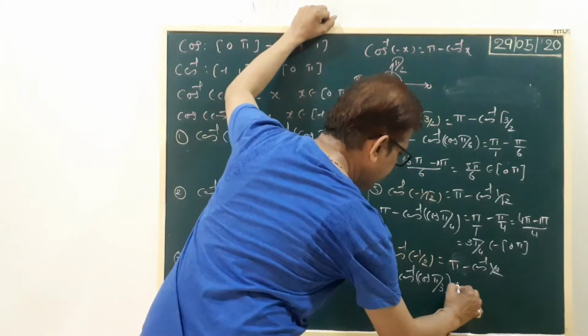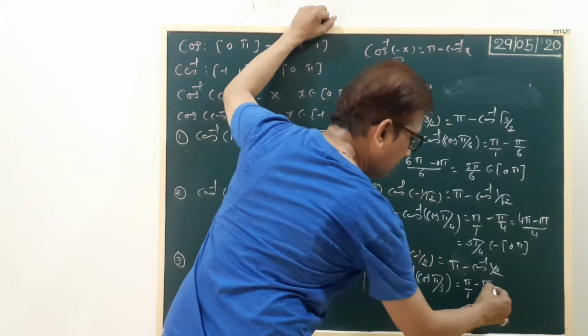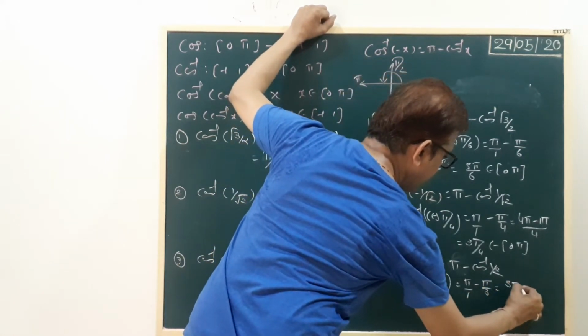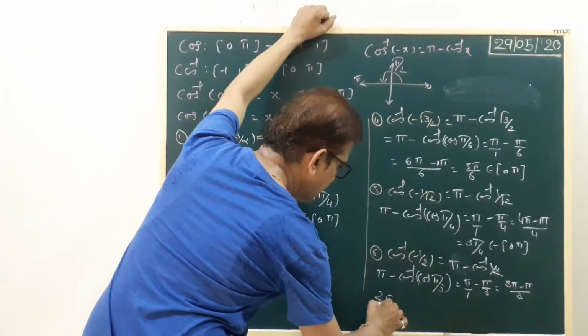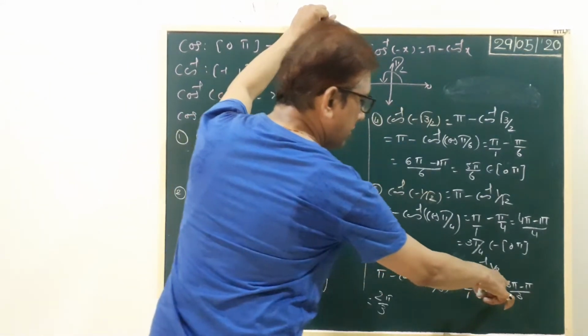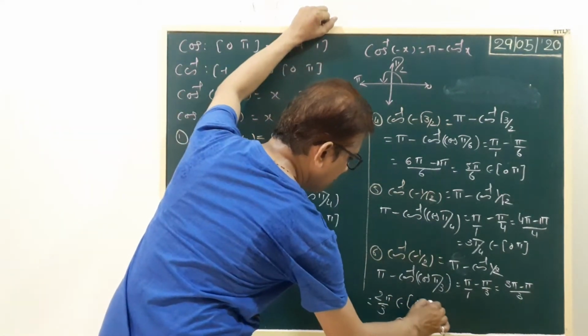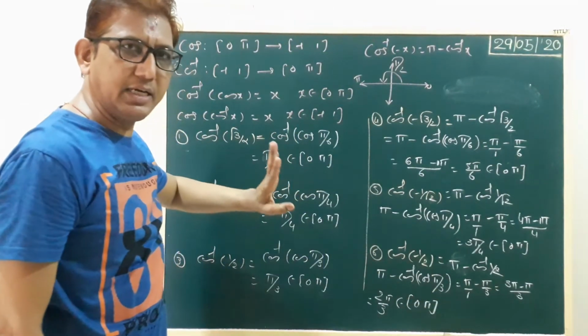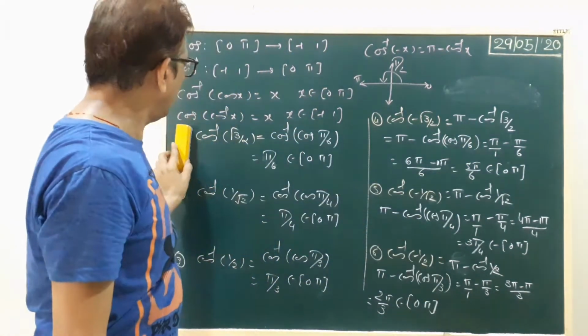So cos inverse cos cancel, pi minus pi by 3 upon 1. Now cross multiplication: 3 pi minus pi upon 3, 3 pi minus 1 pi, so the answer is 2 pi by 3. 2 pi by 3 belongs to 0 to pi. Is that clear?